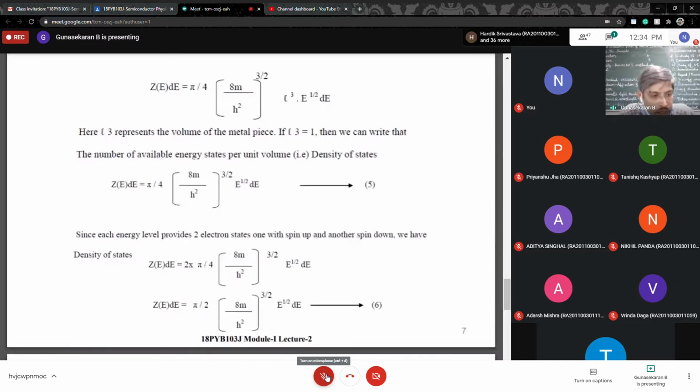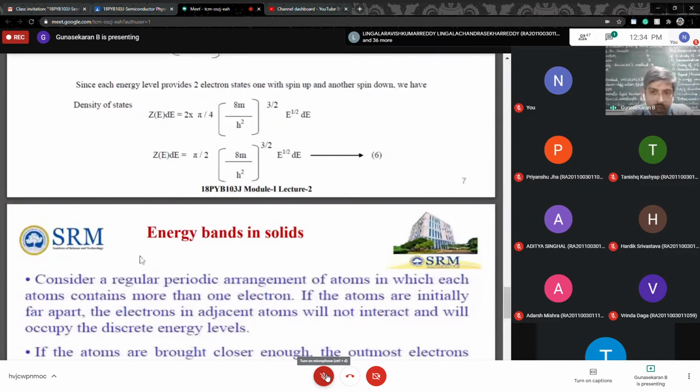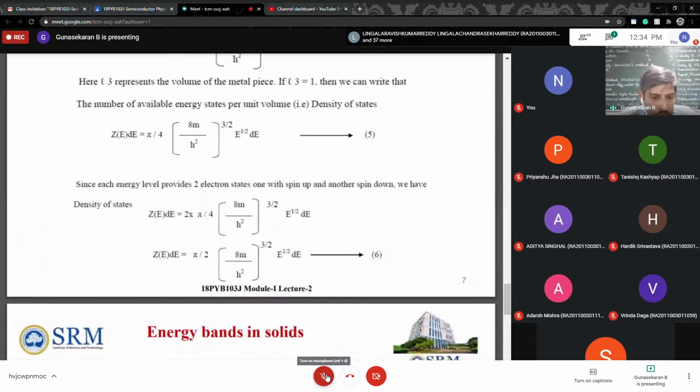So what is the total number of available states now? How do you calculate it? For example, I need the number of available states in the whole sphere. So how do you take that? Into 8, maybe, you multiply. But this is only in that energy level. In that energy level, you get pi by 2, 8m by h square whole power 3 by 2, E power 1 by 2 dE, the available energy states in that particular energy interval. Please understand that the energy interval is dE here.